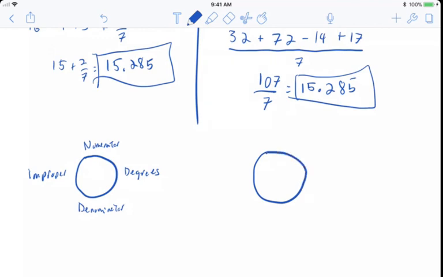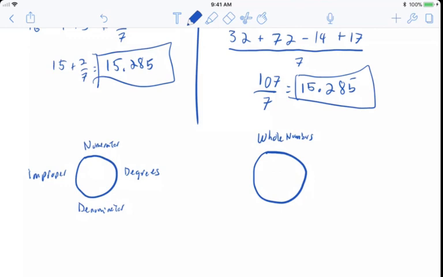Okay, and there's a relationship in basic arithmetic that has to do with whole numbers, where if you add together or subtract whole numbers from each other, you get another whole number. And if you multiply a whole number by another whole number, you get another whole number.